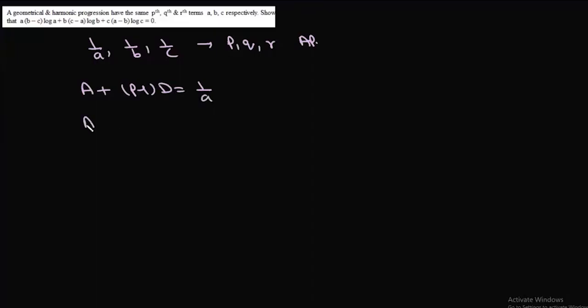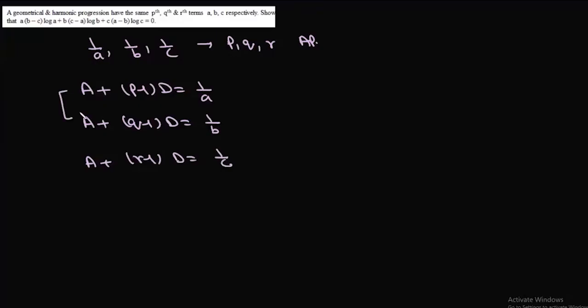Now it says a, b, c are pth, qth and rth term of an HP. So that means 1 upon a, 1 upon b and 1 upon c are pth, qth and rth term for an AP. Now we can write this as a plus (p minus 1) d, it is equal to 1 by a, a plus (q minus 1) d, it is 1 by b, and a plus (r minus 1) into d is 1 by c.